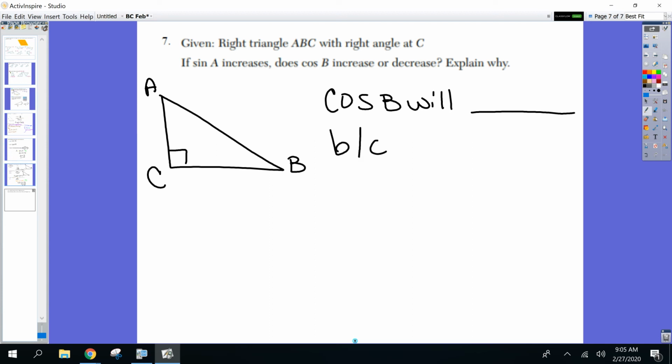Think about the relationship. Think about the relationship. I'm not asking about the angles. I'm asking about the cosine of angle B. I'm not asking about the actual angles.